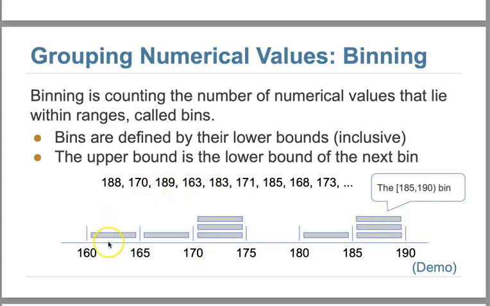Then you can continue to see each one. 163 is here. 183 is between 180 and 185. Then 171, 185, 165, and 173. So you see we have a group for each piece of data. The interval for each bin is 5.